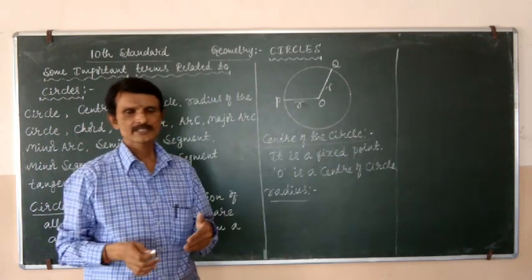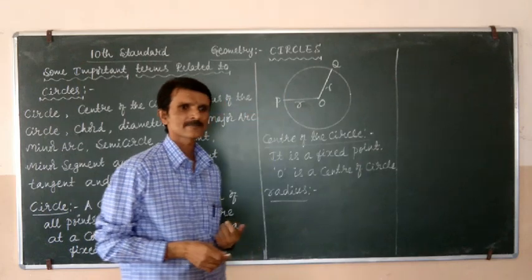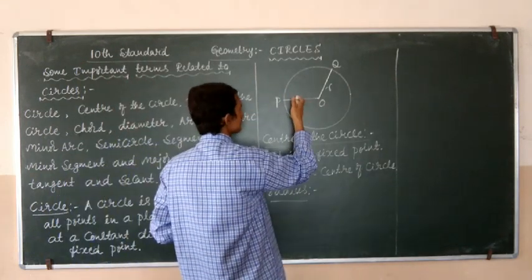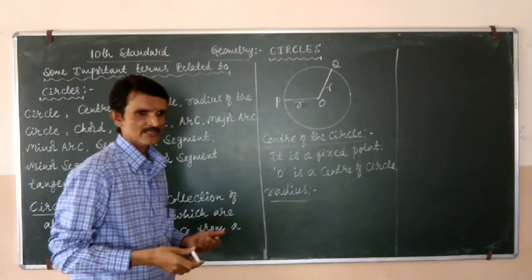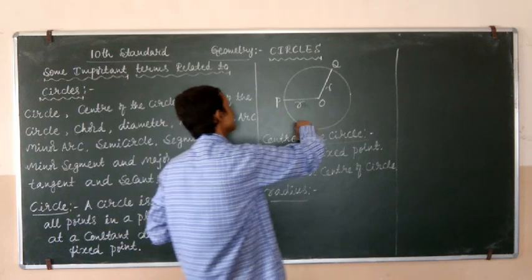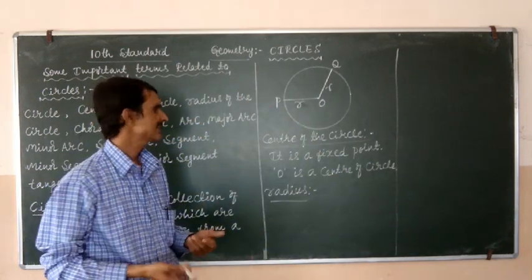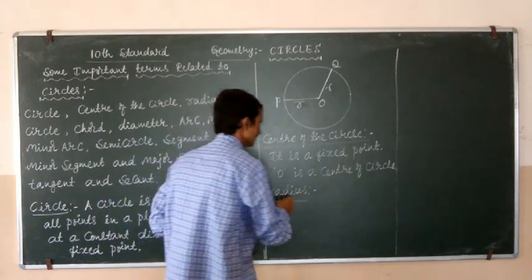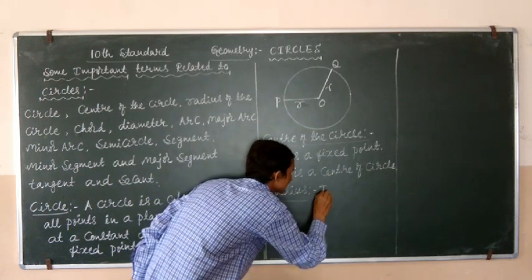Generally, radius is represented by the letter R. Here we have drawn two radii, but we can draw many radii in the circle.